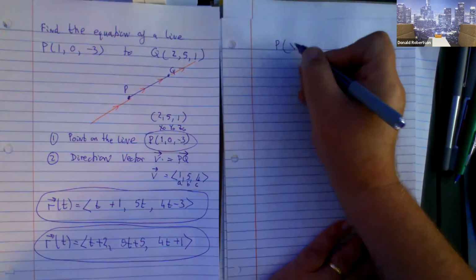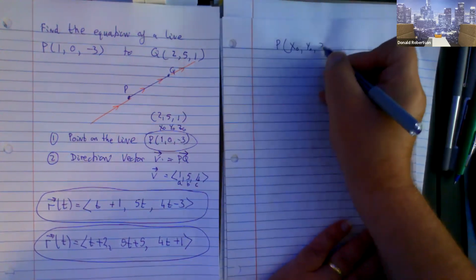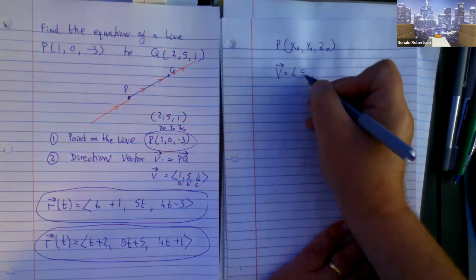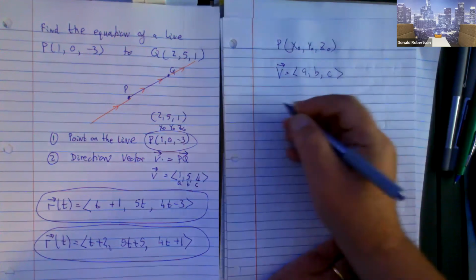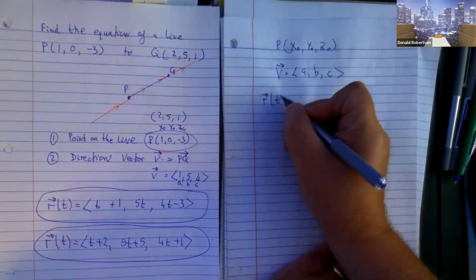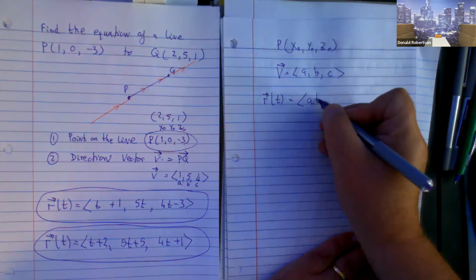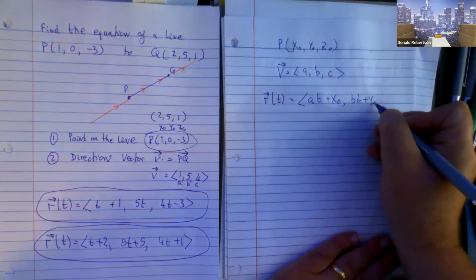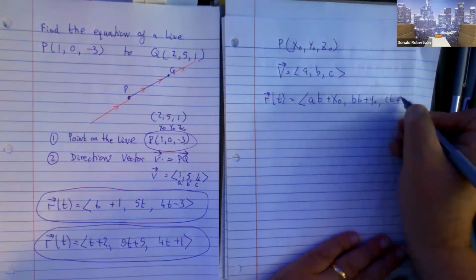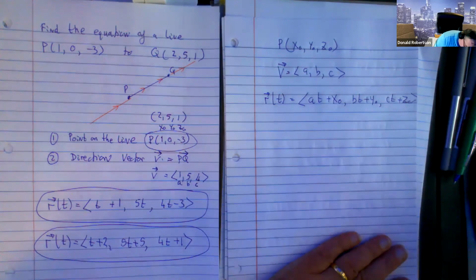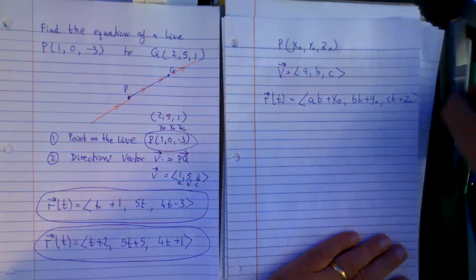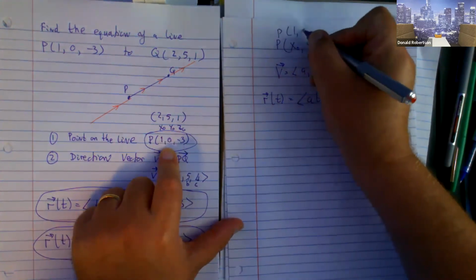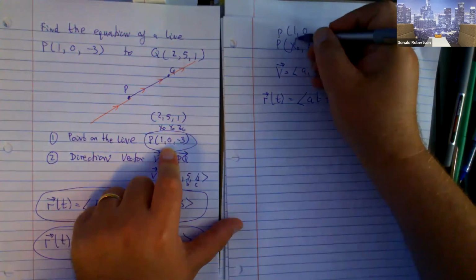If you have a point x naught, y naught, z naught, and a direction vector v equal to a, b, c, the equation of the line will be at plus x naught, bt plus y naught, and ct plus z naught. So if you have P to be the point 1, 0, -3, that's what these guys are going to equal.